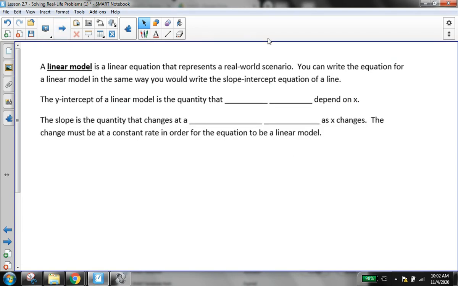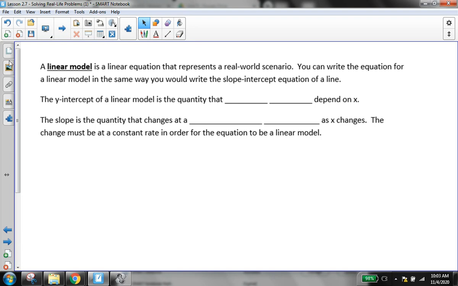A linear model is a linear equation that represents a real-world scenario. You can write the linear equation for a linear model in the same way you would write the slope-intercept equation of a line. The y-intercept, which is part of slope-intercept form of a linear model, does not depend upon x.